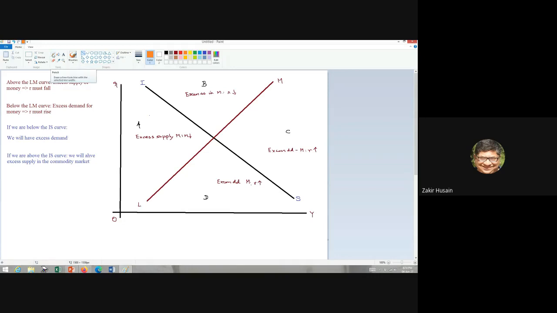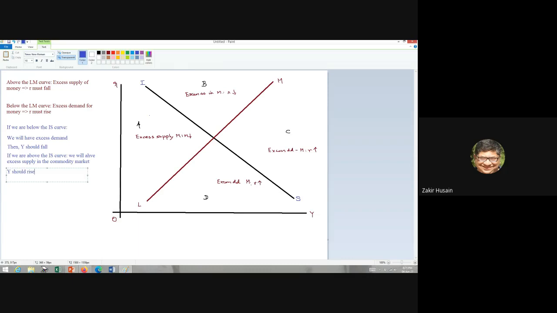So if we have excess demand, then Y should fall, and if we have excess supply, Y should rise to ensure that the commodity market returns to equilibrium.